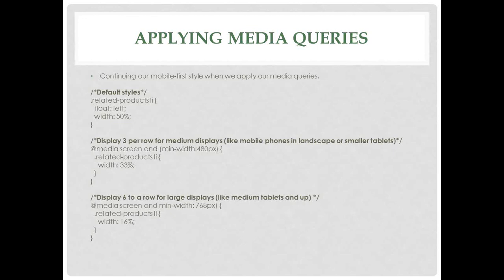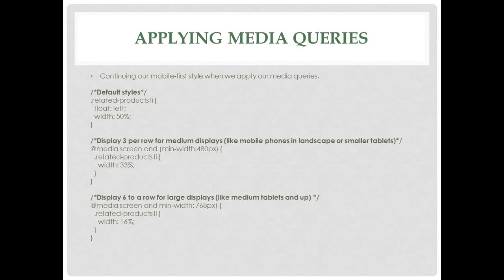When we want to display 3 images per row for medium displays like mobile phones in landscape or smaller tablets, we can write a media query like @media screen and min-width: 480px, and we can give the width as 33%.